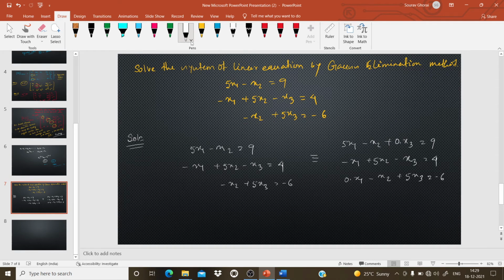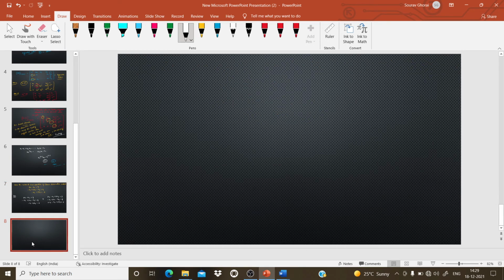So now we can write the given system is equivalent to this augmented matrix.